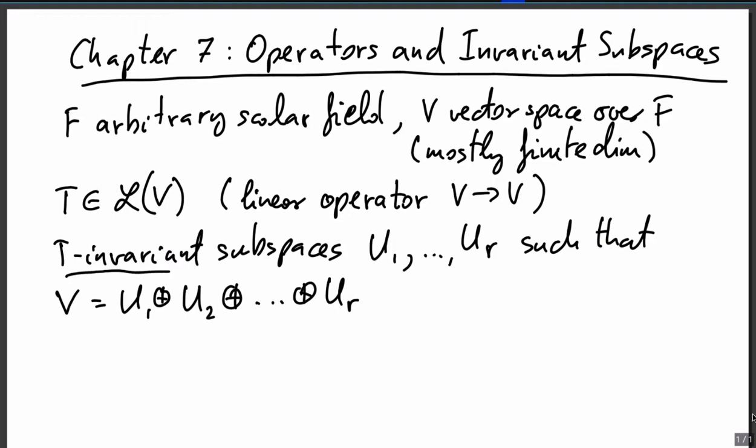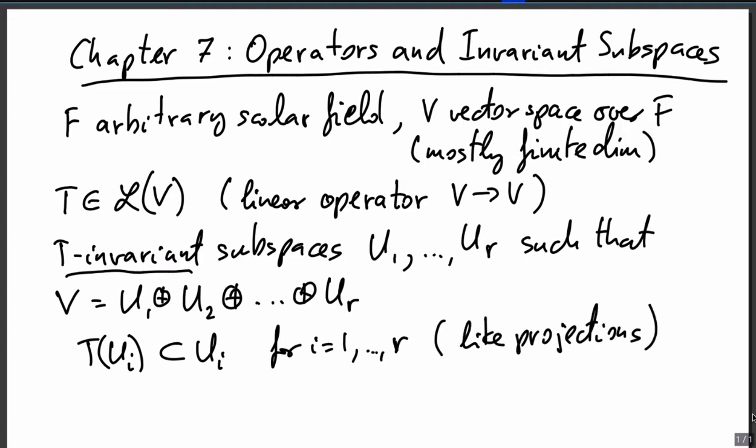Also, T-invariant subspace means that for each of these subspaces, when you apply the linear operator, the vectors stay inside the subspace. This is the property that, for example, projections had, except projections also had some simpler properties, where it was actually the identity on the Ui subspaces.